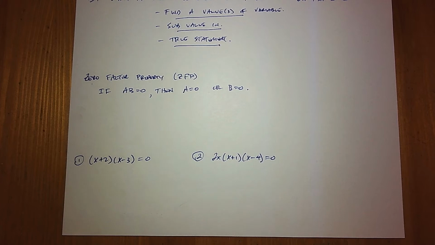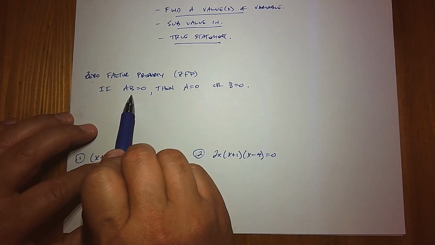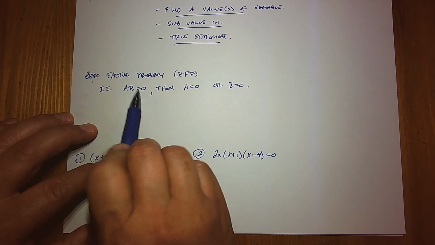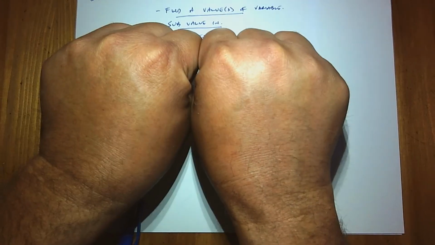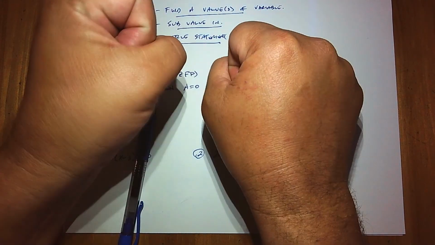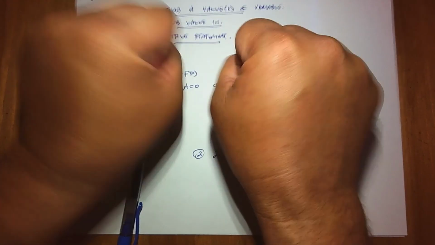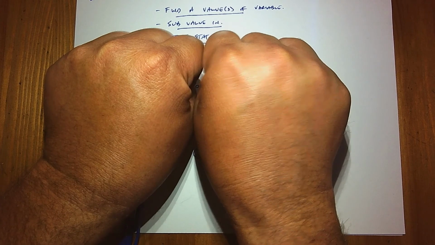So if I have a product equal to 0, imagine, there's my two hands, and I'm trying to be secretive with you, right? I'm saying that there's a number in my right hand and a number in my left hand. And the only clue that I give you is that if I multiply these two numbers together, what we get is 0.